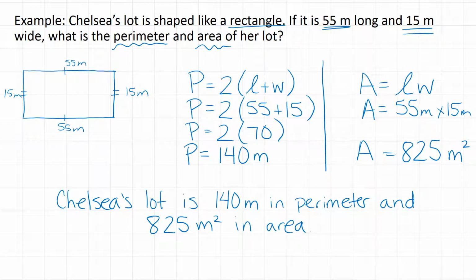Okay? And that's how easy this question actually was. It took a couple more steps to get to the final answer, but because we had those formulas, we could easily determine the area and the perimeter.